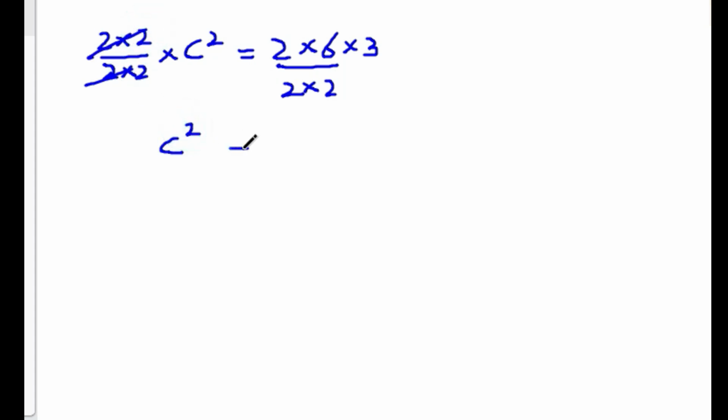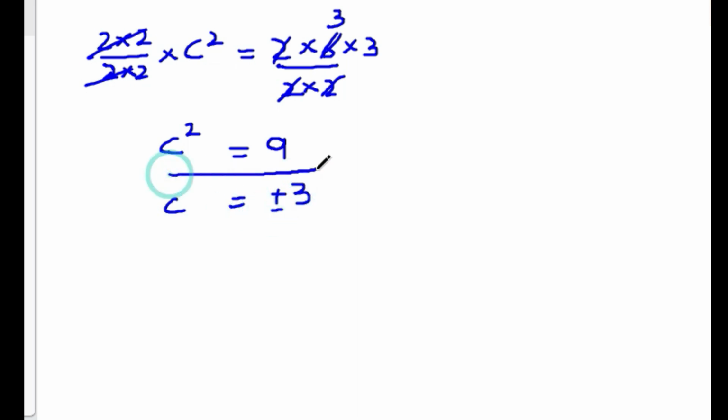Here we have C square is equal to 3 into 3, which will be equal to 9. Here value of C is equal to plus minus 3. We have two values of C. One is plus 3 and second is negative 3.